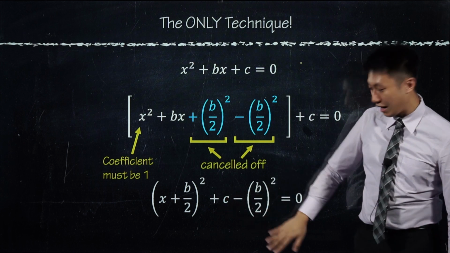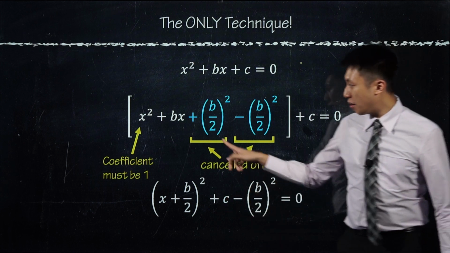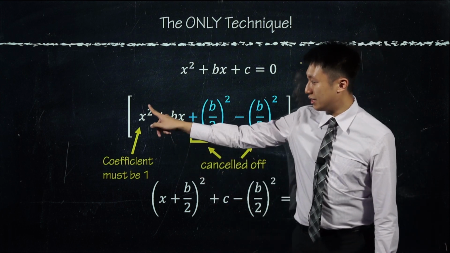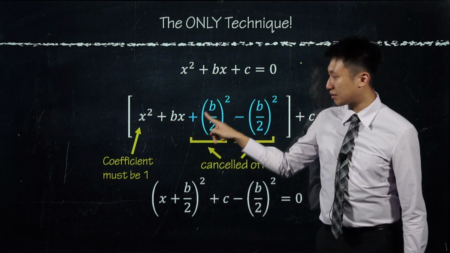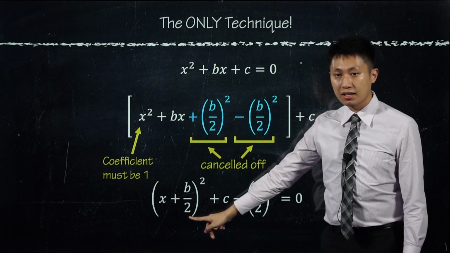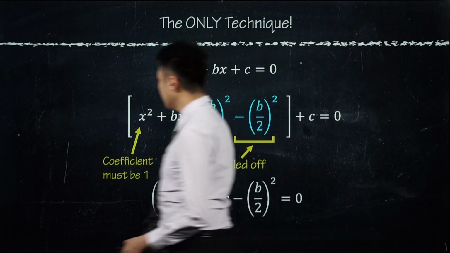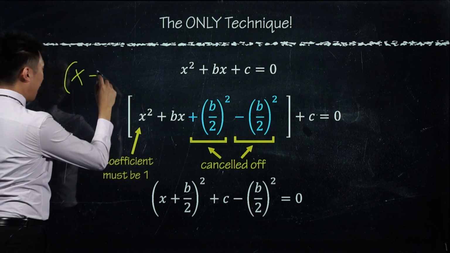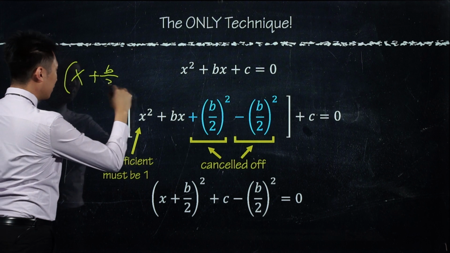These two, I'm sure you are fine. How about these terms here? You have x squared plus bx plus (b over 2) the whole thing squared. How do you make it to be this one? Remember our formula. Let's say I write (x plus b over 2) the whole thing squared.